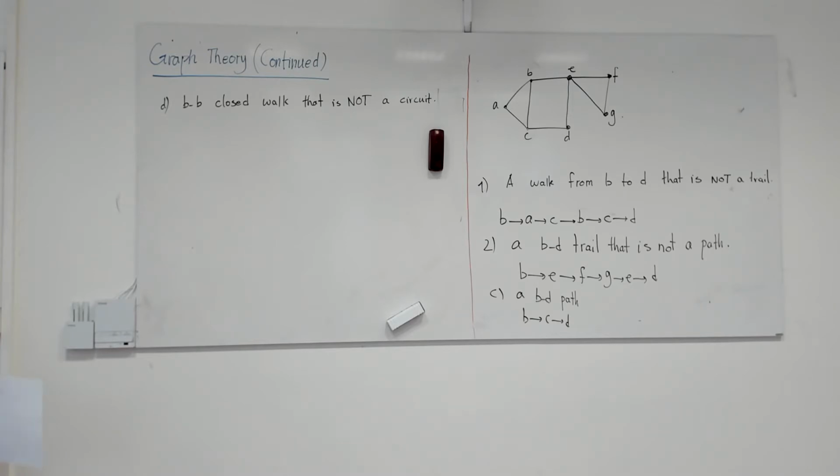So it means that this is a walk, it is closed. When you insist it is not a circuit, it means that you have to repeat at least one edge. Yes?